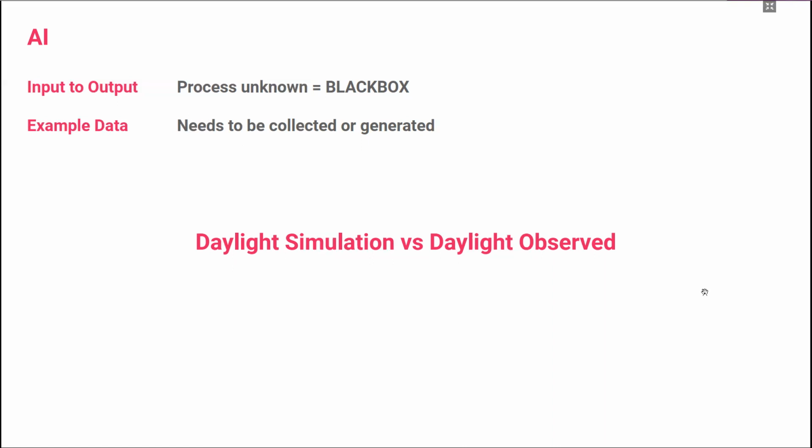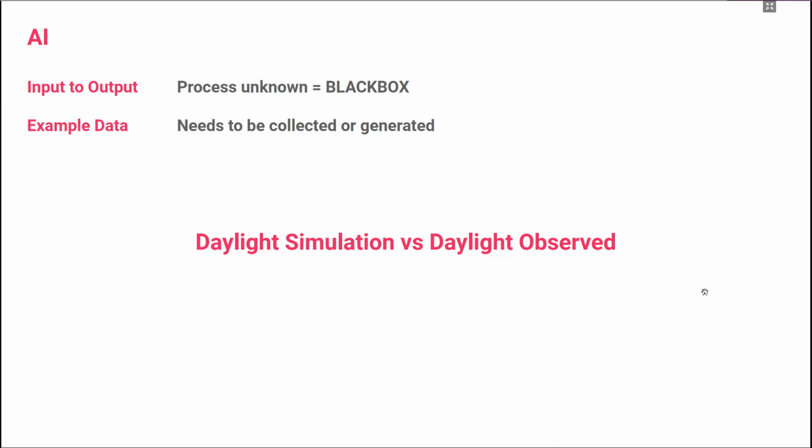So if we end up collecting a whole bunch of observed data and the simulated predicted data of the same site or the same project, before someone takes the trouble of extracting an empirical formula out of that, AI can be used to approximate this or to predict how much of a delta we'll have between the simulated value and the observed value. So as a thumb rule, when we know the process, there's no point in using AI.